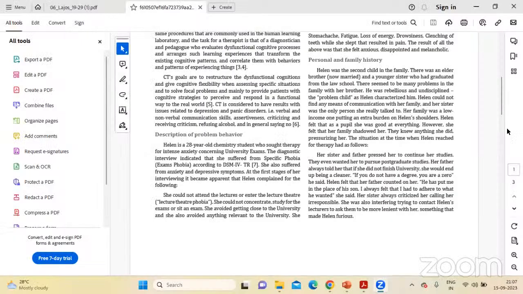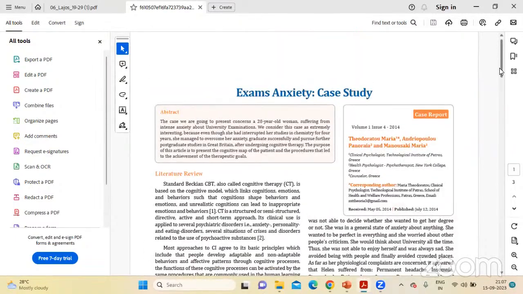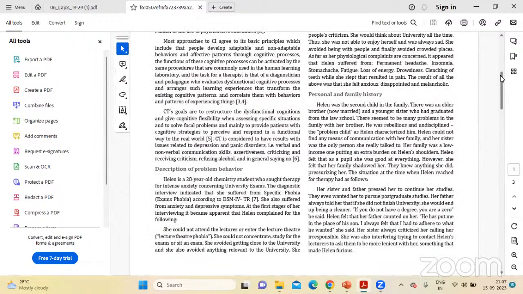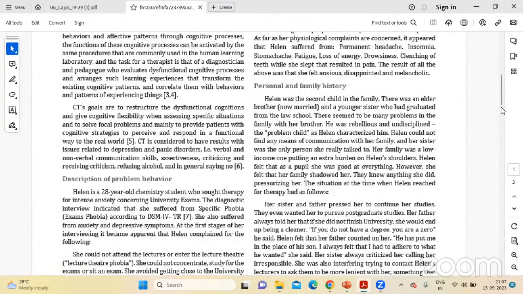I will share another paper with you. You can see it's similar to the previous one which I showed you, but here the conclusions are presented in a better way.